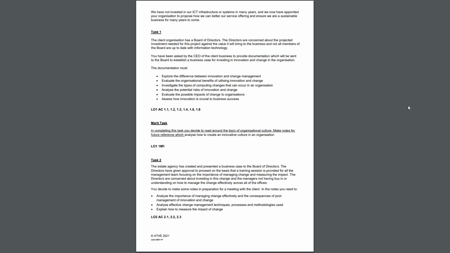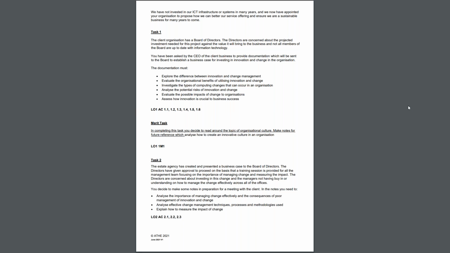So your documentation must explore the difference between innovation and change management, evaluate the organizational benefit of using innovation and change, investigate the types of computing changes that can occur in an organization, analyze the potential risks of innovation and change, evaluate the possible impact of change on the organization, and assess how innovation is crucial to business success.